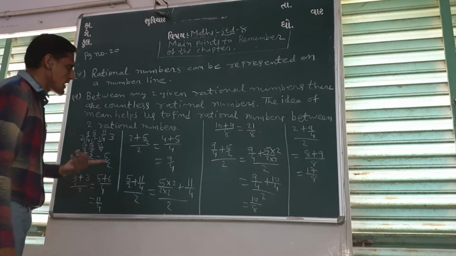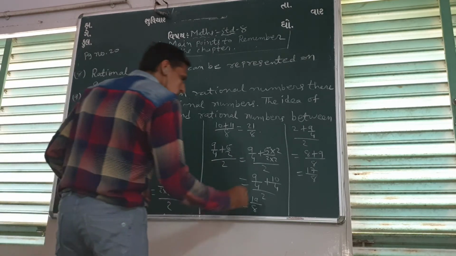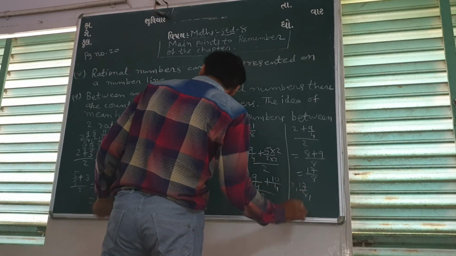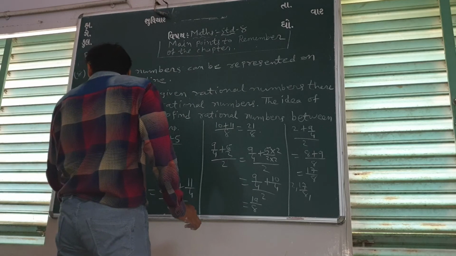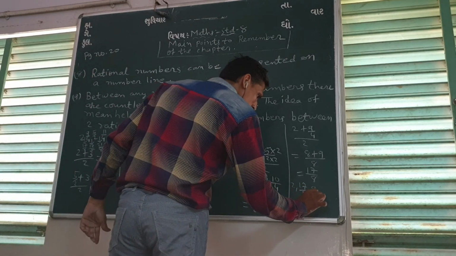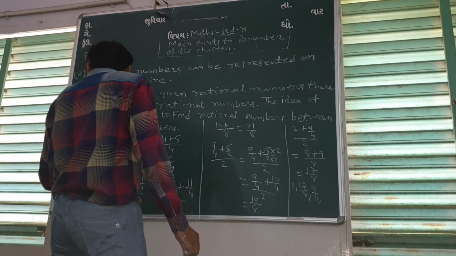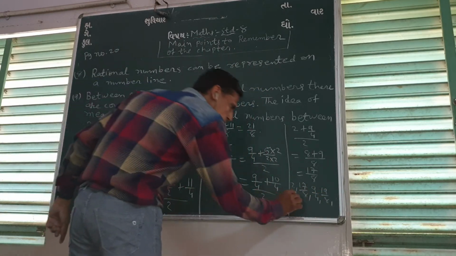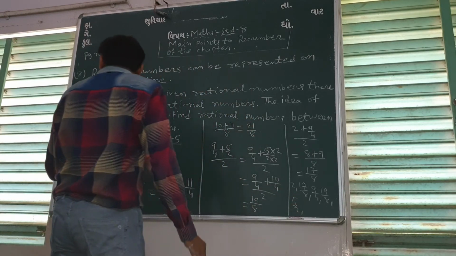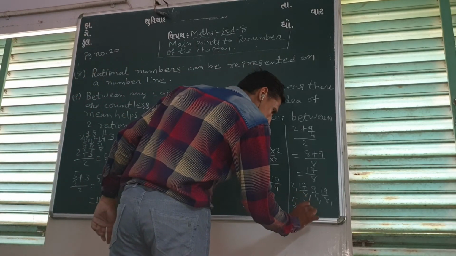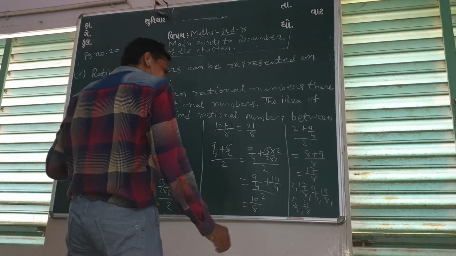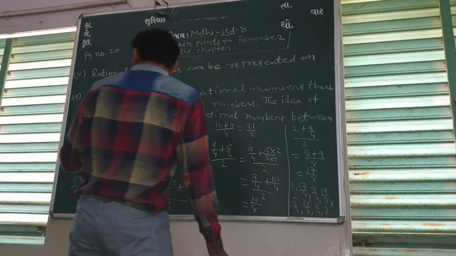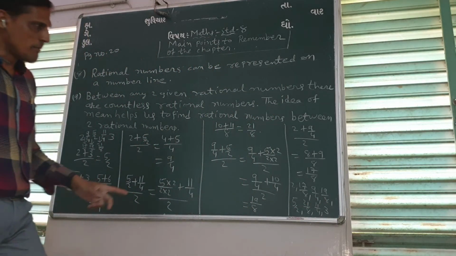So we have found 2, then 17 by 8, then 9 by 4, then 19 by 8, then 5 by 2, then 21 by 8, then 11 by 4, and 3.